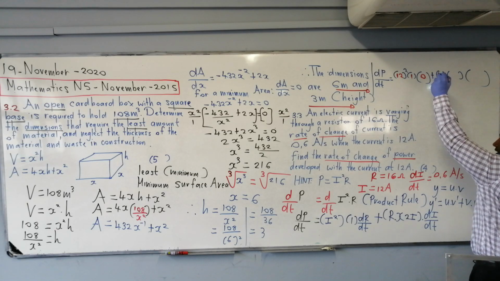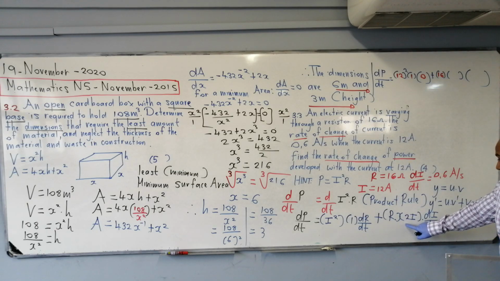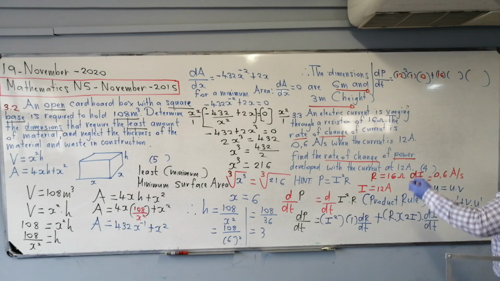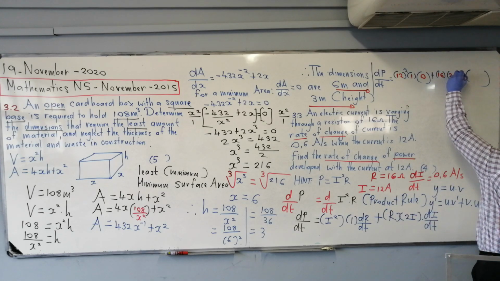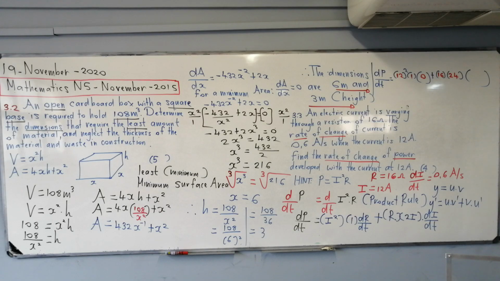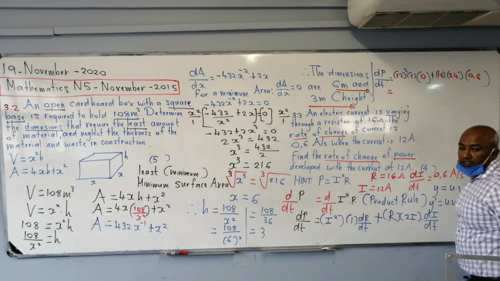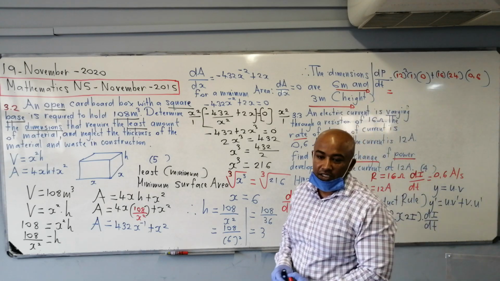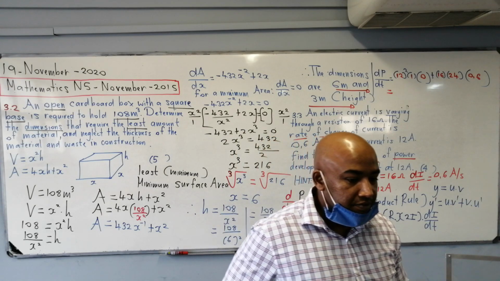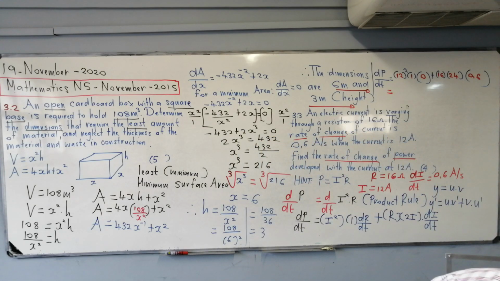And then you got 2i. So that will be 2 times I. I is 12. 2 times 12 is 24. And then you got di over dt, which is 0.6. Work that out. What do we get? Calculator.